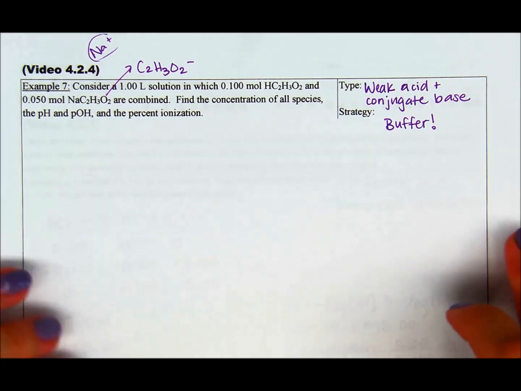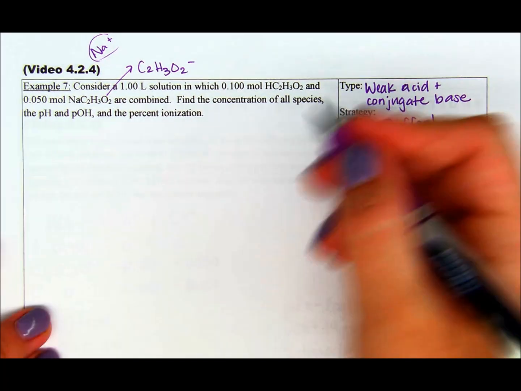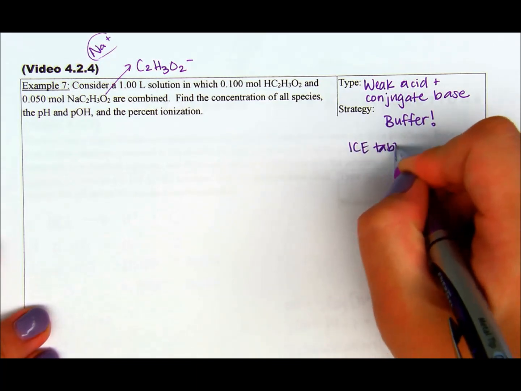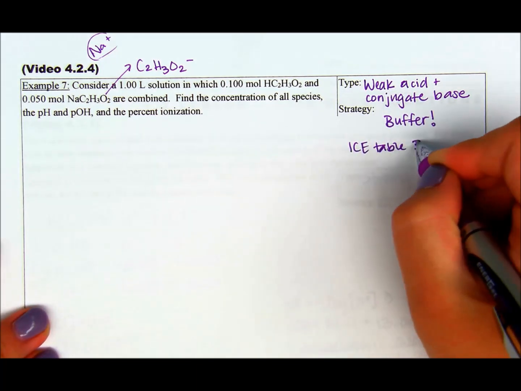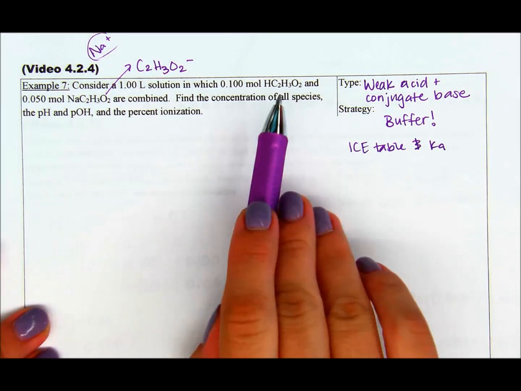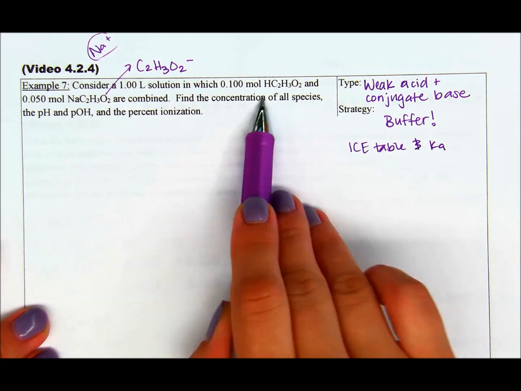So first way, again, we're going to use our icebox, or ice table, and Ka. Okay, so the first thing we always have to do, of course, is to write our equation. We're going to write our equation for our acid here, because our acid's going to contribute the most.